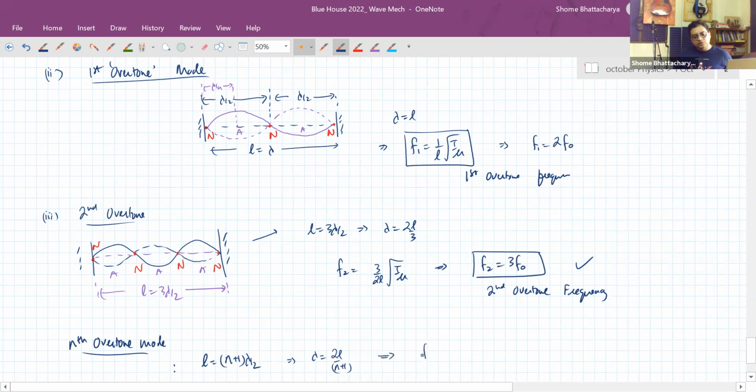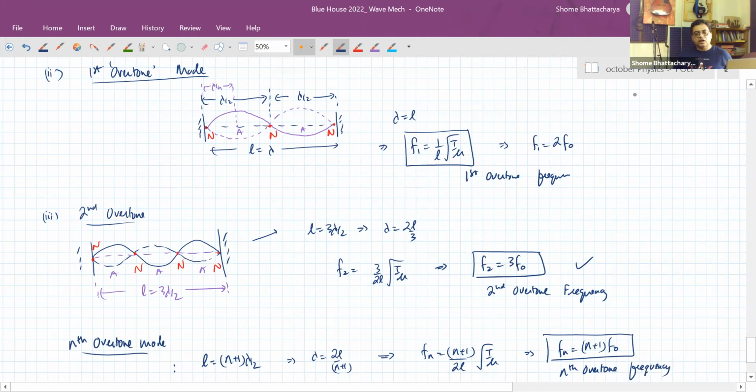So the frequency of the nth overtone becomes n plus 1 by 2L square root T by mu. So it becomes n plus 1 times the fundamental frequency. So this is the nth overtone frequency.